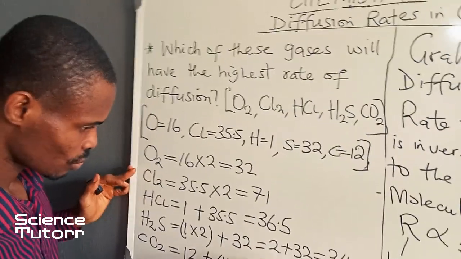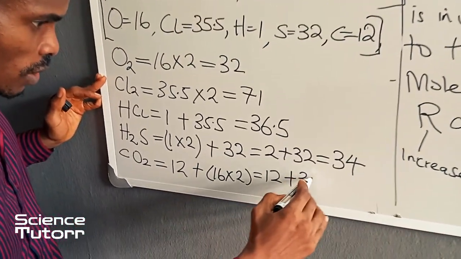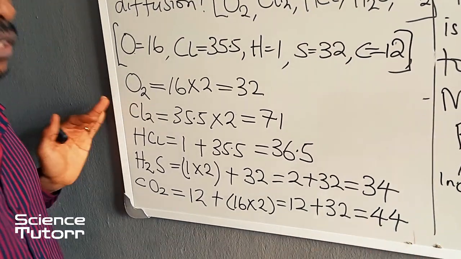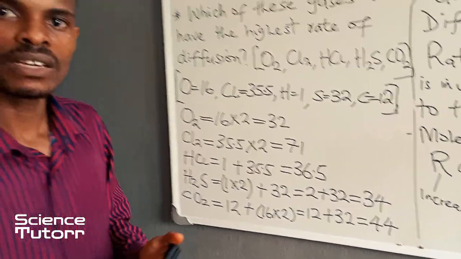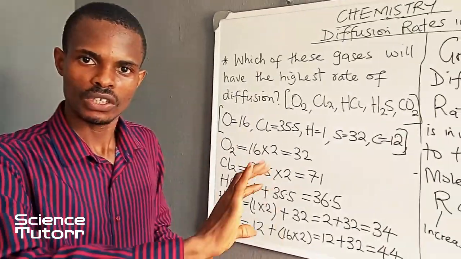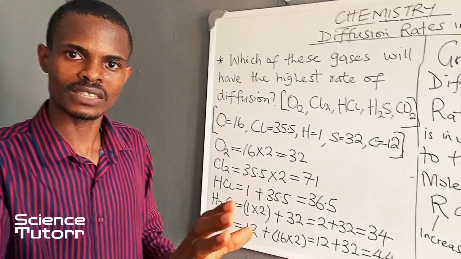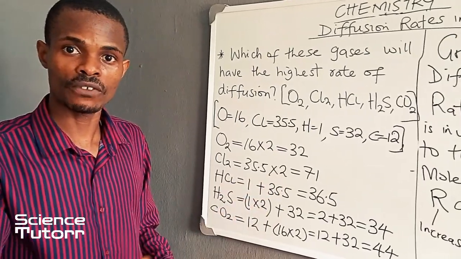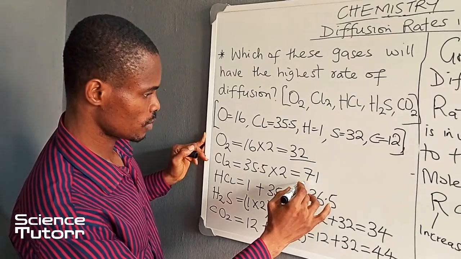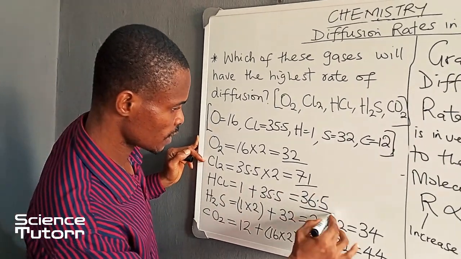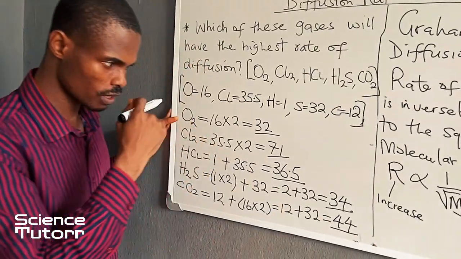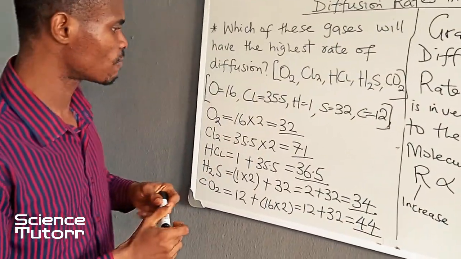So that makes 12 plus 32, which is equal to 44. Now, at the end of the day, we are going to relate the values, and that will give us a good understanding of the rate of diffusion of the gases. The first one is 32, the second 71, 36.5 is the third, 34 the fourth, and 44 the fifth.